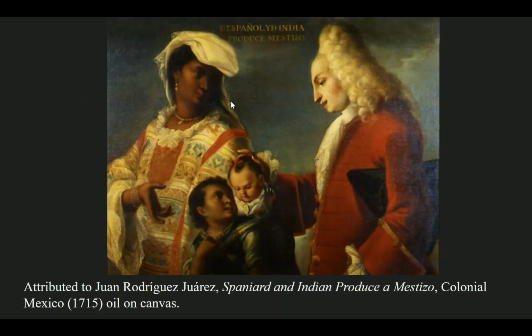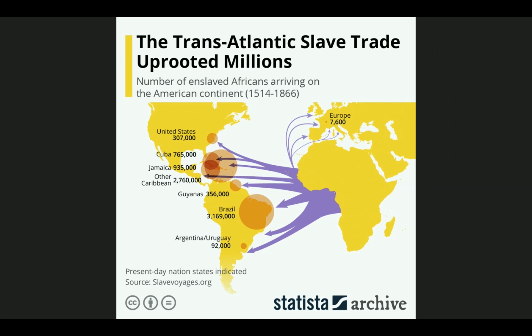And so in this case, the idea is the dilution of this pure Spanish blood, with the lighter skinned Spaniards being at the top. And then they've categorized the mixing of different bloods between the Spaniards and the natives. As well, there were about 200,000 West African slaves brought into Mexico too.